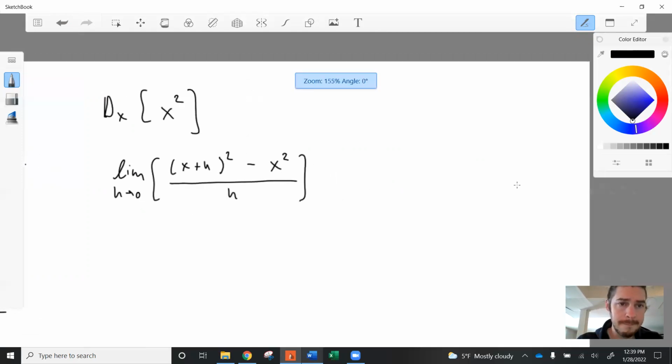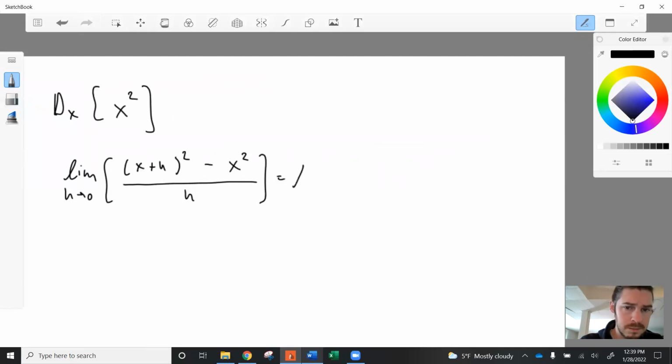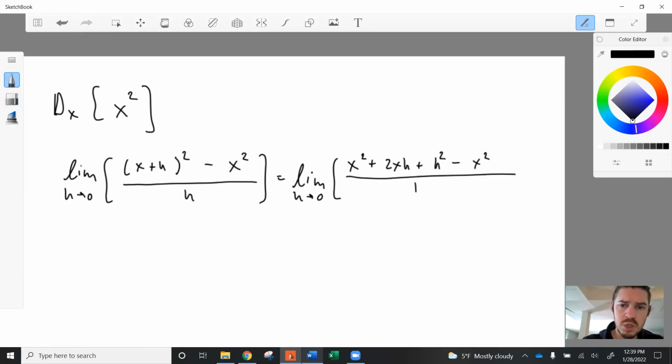What happens here? Well, we can expand this power: x squared plus 2xh plus h squared minus x squared, all over h, and we'll find the x squareds cancel each other out.